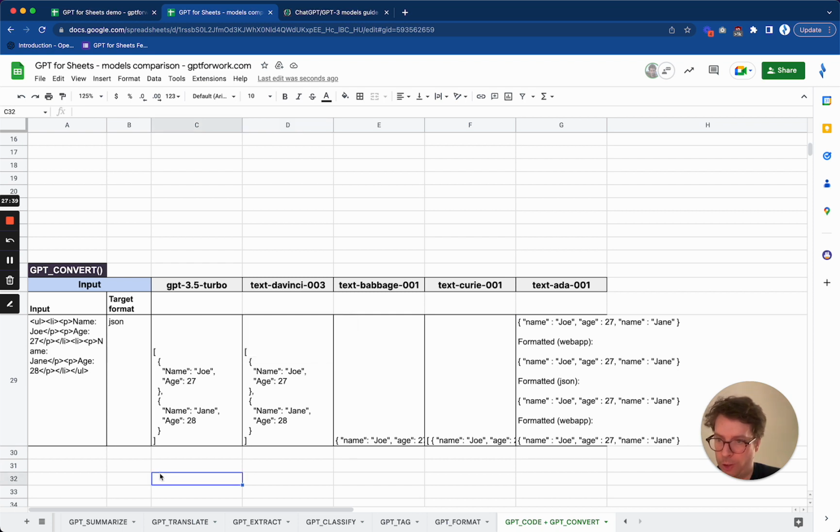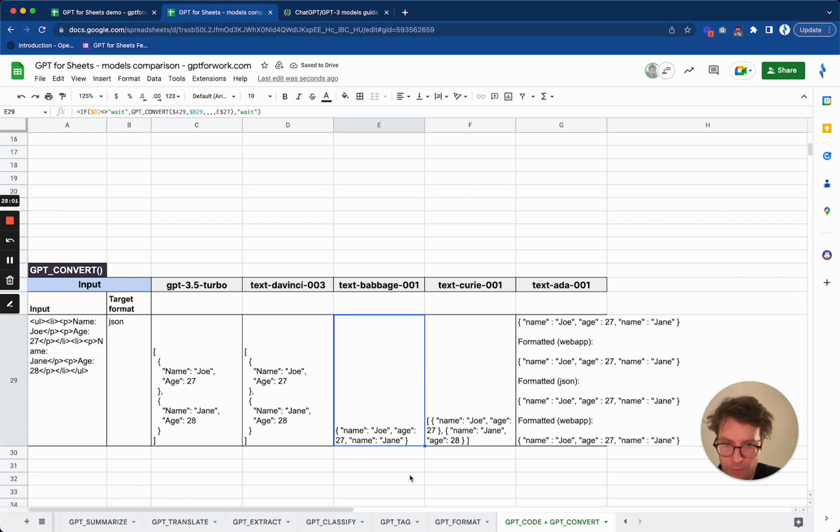Okay, so here we are converting this HTML into JSON. ChatGPT got it right, DaVinci as well. Babbage, let's see. Let's wrap this. Babbage did not get it right at all.